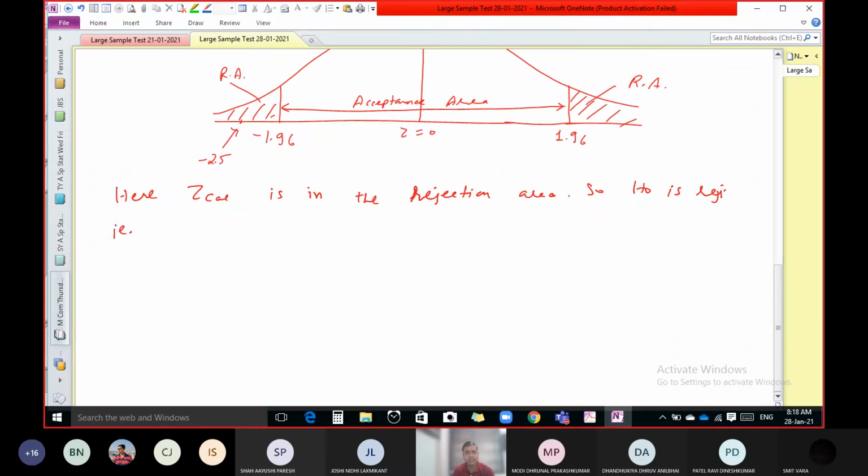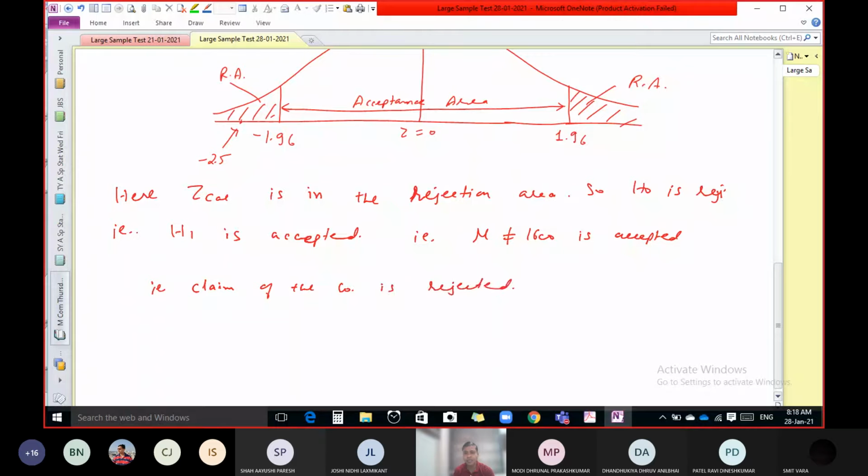That is, H1 is accepted. That is, mu is not equal to 1600 is accepted. That is, claim of the company is rejected.